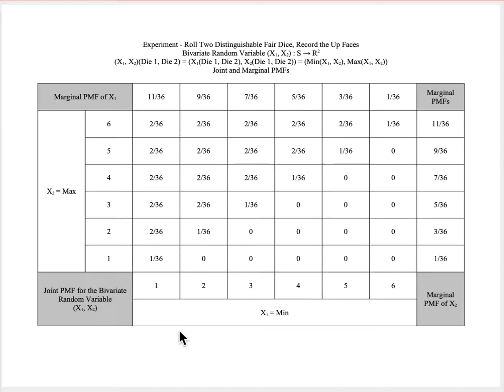Okay, so we saw this tabular representation in a previous example, and inside the body of the table is where we have the values for the joint PMF associated with the combinations of x1, the minimum, which are listed down here in the bottom, the columns, and x2, which is the maximum of the two dice showing, and those values are given here in the rows.